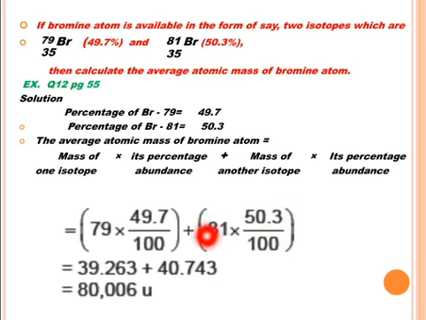Then on calculation it comes out to be 80.006 atomic mass unit. So the average atomic mass of bromine atom comes out to be 80.006 unified mass or atomic mass unit. In this way we calculate the average atomic mass of bromine atom.